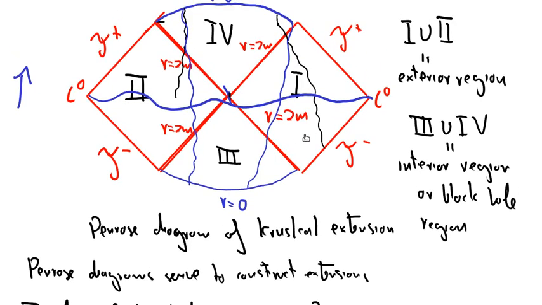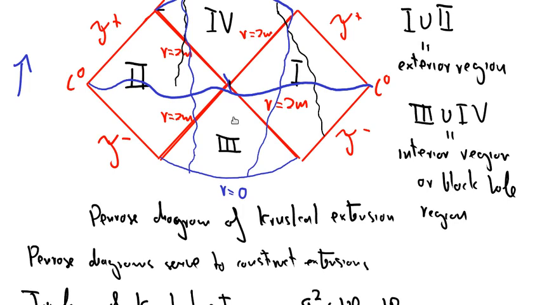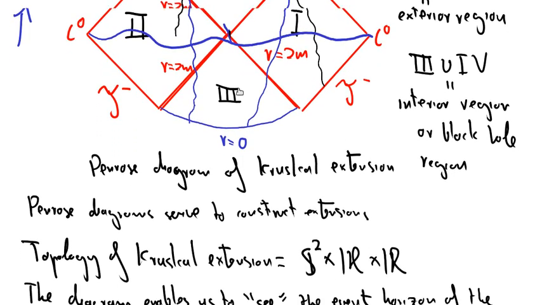Well, I would like to comment on a special point, which is this central point, the point in which the hypersurfaces representing the event horizon intersect. Since this is a point of the diagram, it's a point which has the topology of S2, the sphere.